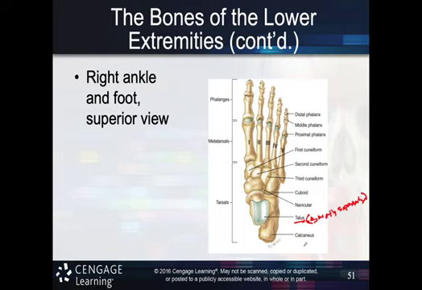Calcaneus is rough on all surfaces because it's got attachment points for ligaments and tendons. Okay, there you go. One of the most important tendons in the body actually attaches to the calcaneus, and that's the Achilles tendon. And it attaches your gastrocnemius and your soleus to the heel of your foot so that you can pull up on your heel and point your toe. And that's called plantar flexion, right?